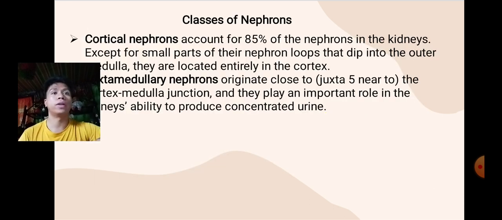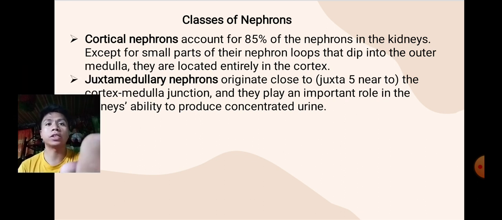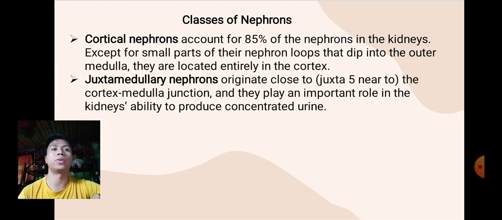So we have here the classes of nephrons. There are two classes of nephrons: the cortical nephrons and the juxtamedullary nephrons. Cortical nephrons account for 85% of the nephrons in the kidneys.